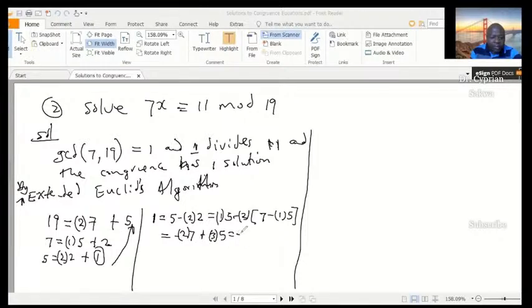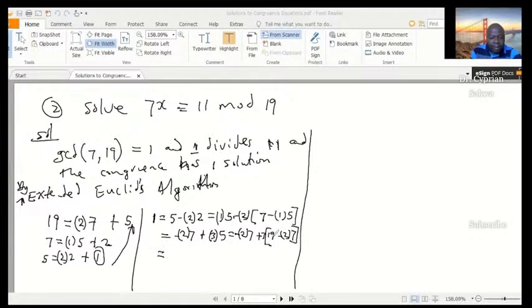This will be negative 2 multiplied by 7. Remember the negative here. Then plus 3, and instead of 5, it is 19 minus 2 multiplied by 7. Good. Open that bracket.